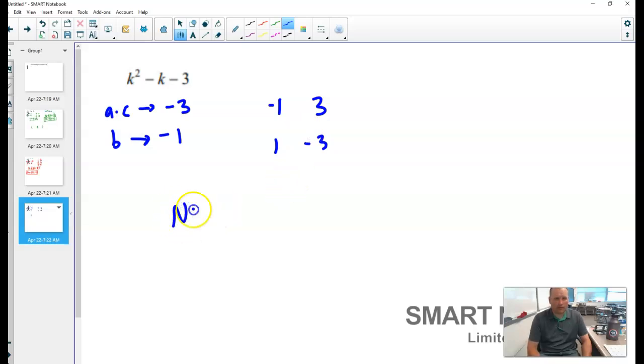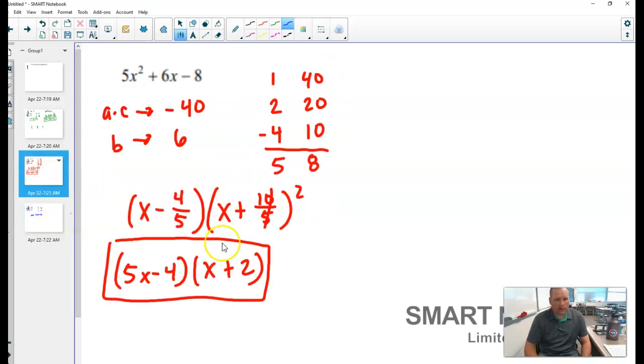I'm just going to say that it's not factorable. And I'm done. So you can't factor that one right there. Okay. So guys, if it doesn't factor, then you just say it's not factorable. If it does, then you just carry on with this.